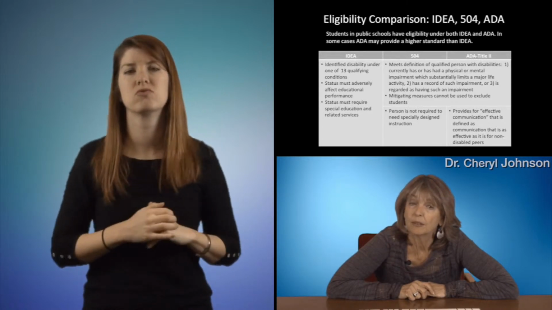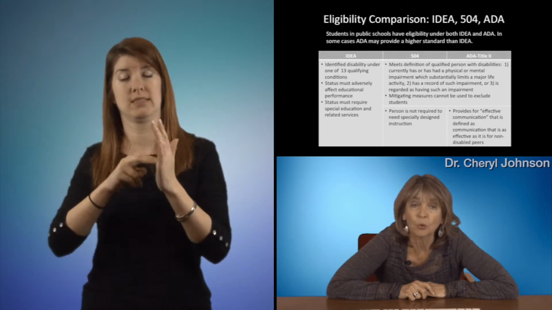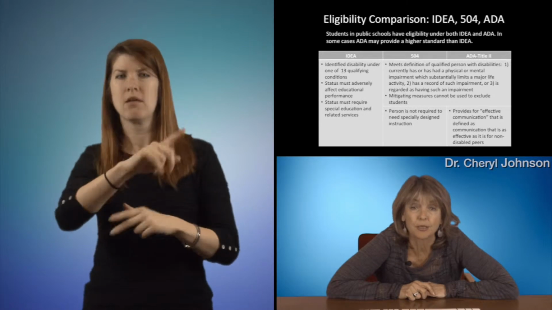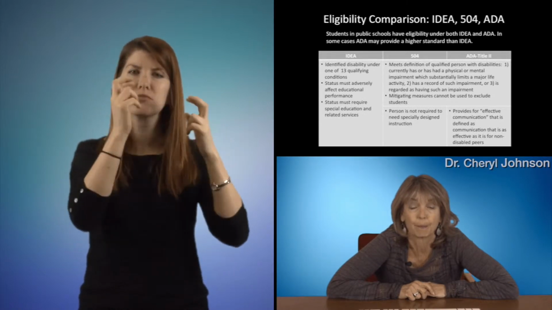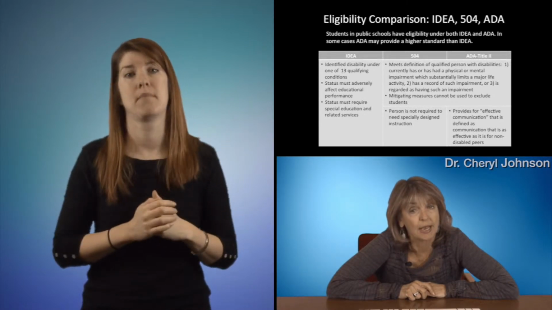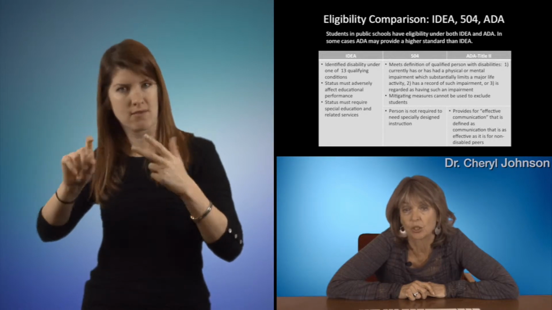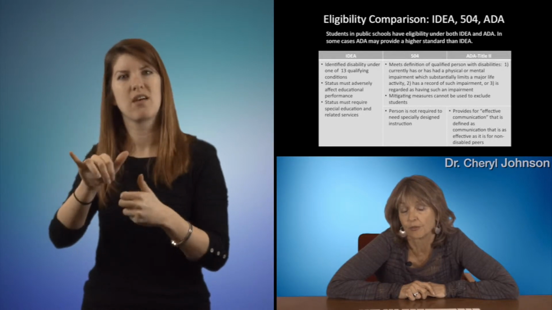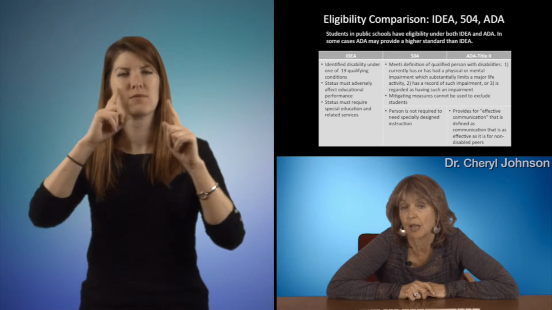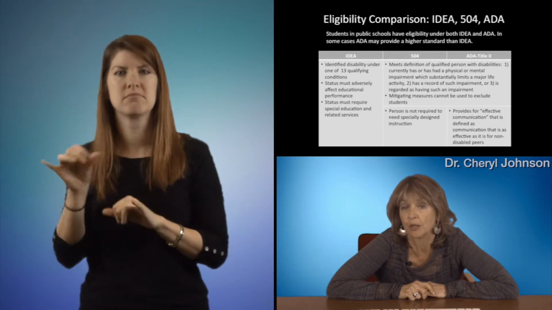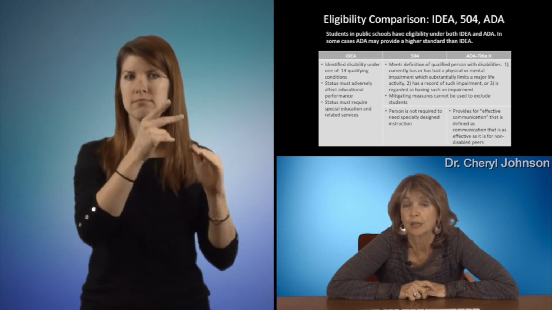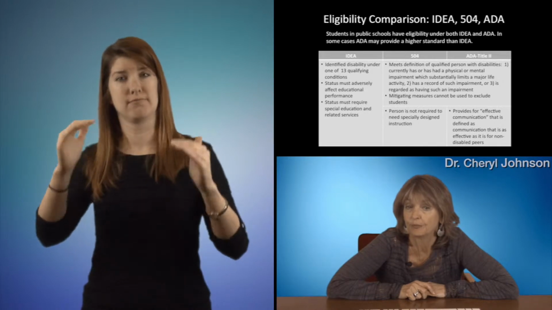So within IDEA, we only have to provide a reasonable education program. But under ADA, we have to provide accommodations that are as effective in terms of communication access as they would be for non-disabled peers. So in many ways, this sets yet a higher standard.